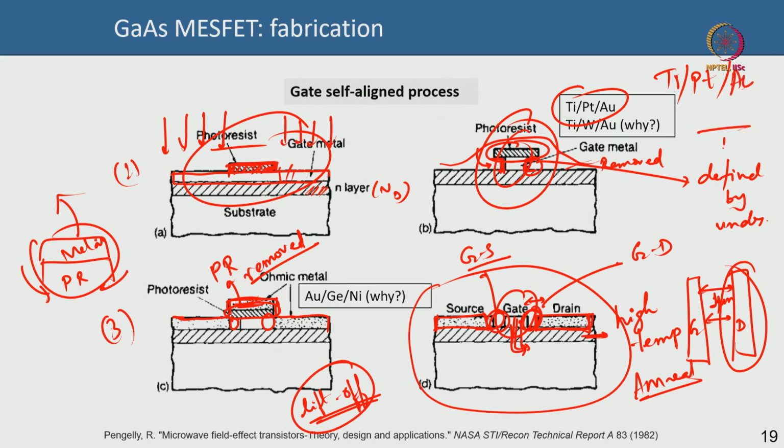So titanium will come below, just on gallium arsenide, on top of that will come platinum, on top of them will come gold. Do you know why this kind of stack is adopted? This is because titanium helps in adhesion. When you put the first layer as titanium, it helps stick to the gallium arsenide surface really well.